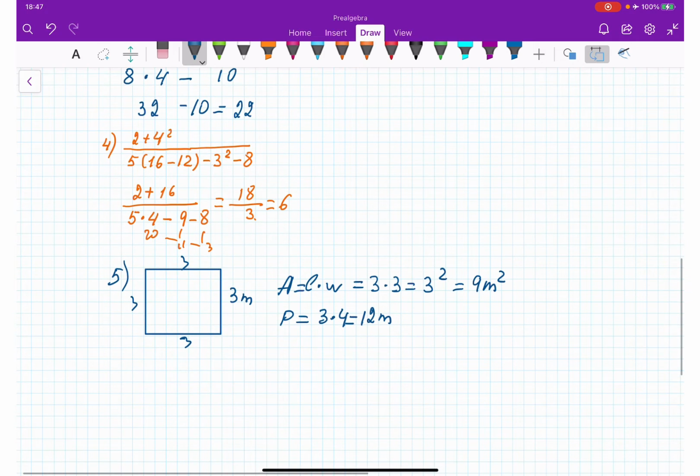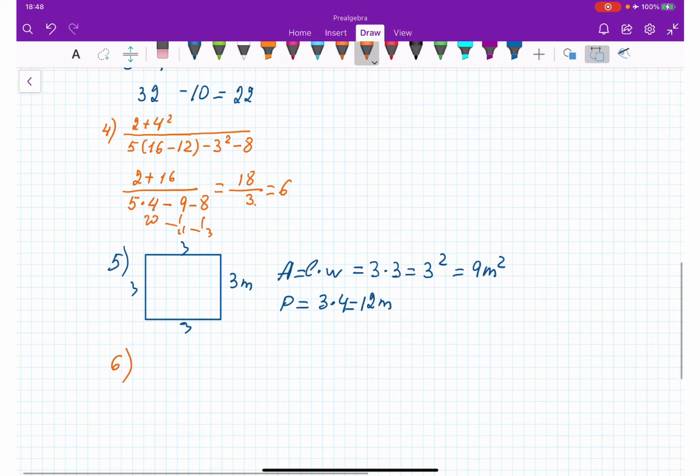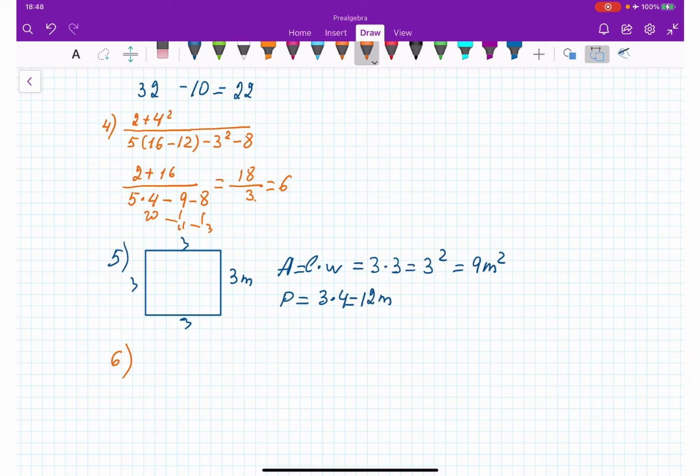Question number 6. Evaluate the expression for x equal to 3. x is equal to 3, y is equal to 4.